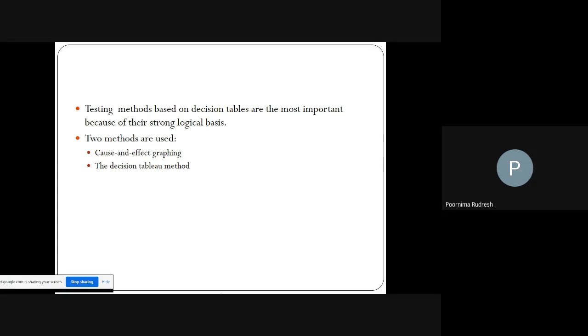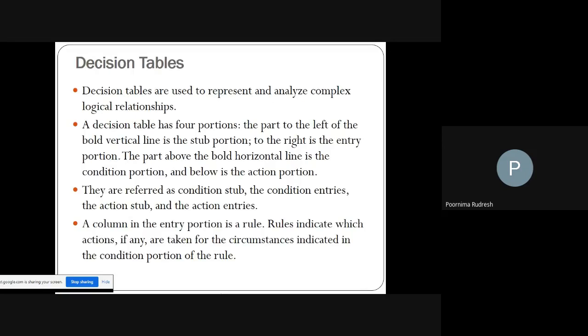Previously, methods such as cause and effect graphing and the decision table method were used. But here we are not discussing those methods. We are directly concentrating on the construction of decision tables and what a decision table consists of, and next we'll move on to the examples. So we'll see what decision tables are.